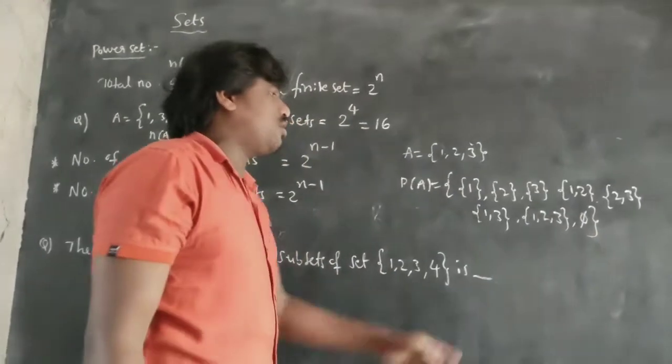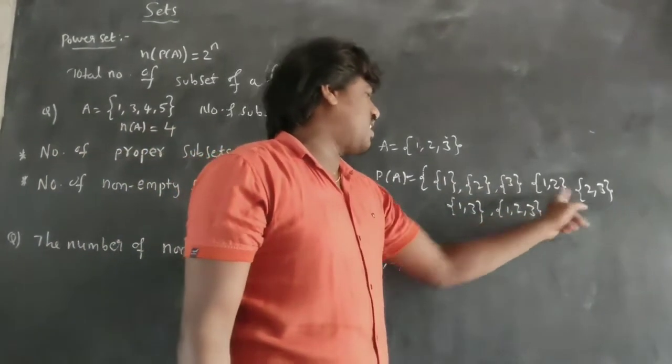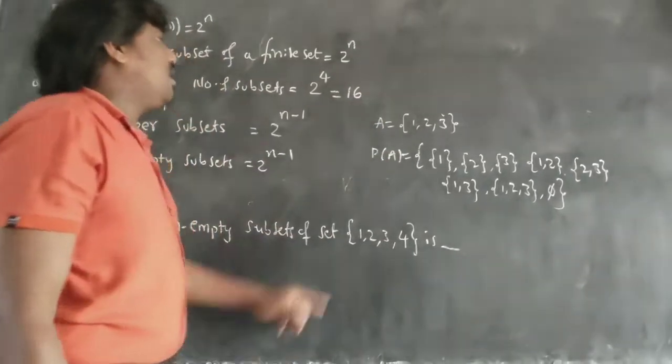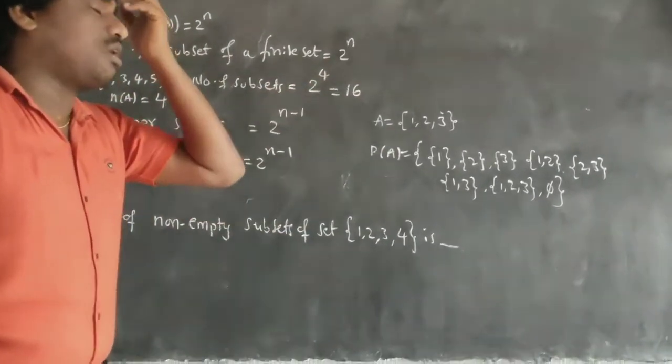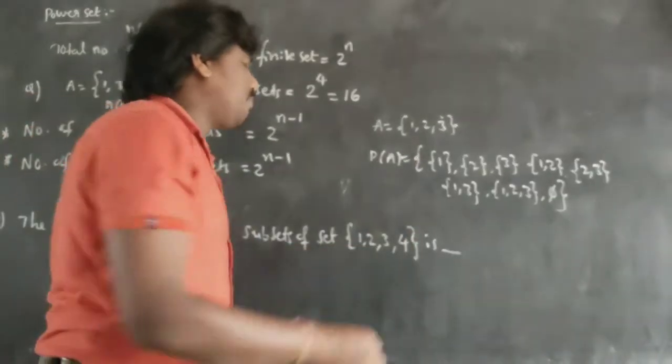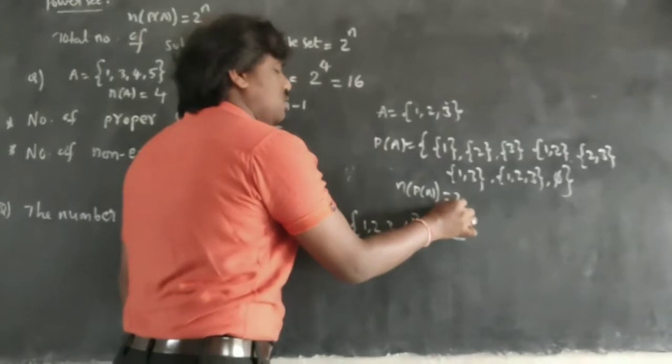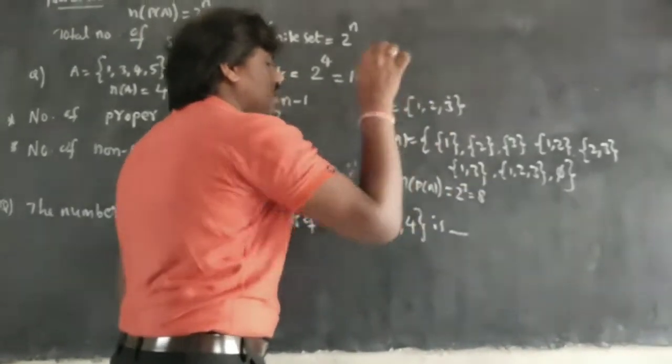Total subsets, how many are there? 1, 2, 3, 4, 5, 6, 7, 8. I told you already, if the number of elements is 3, it is 2 cube, which is 8. So the number of power sets is 2 cube, equal to 8.